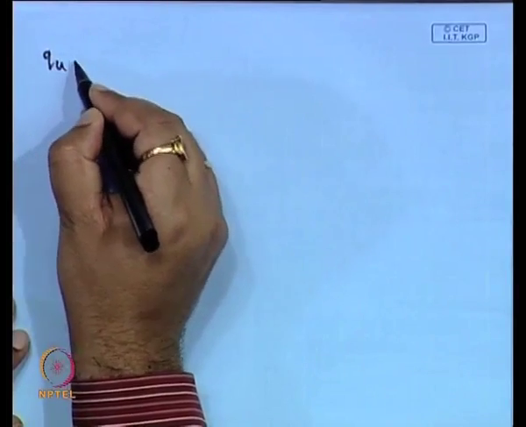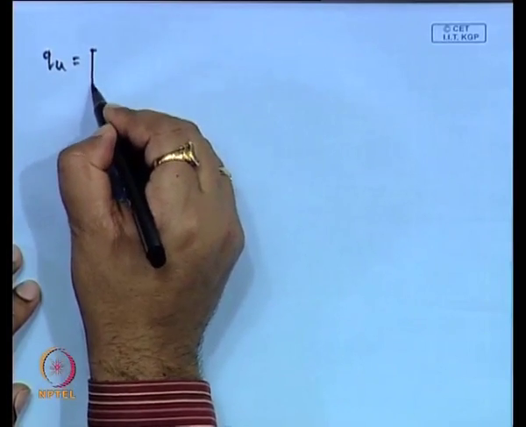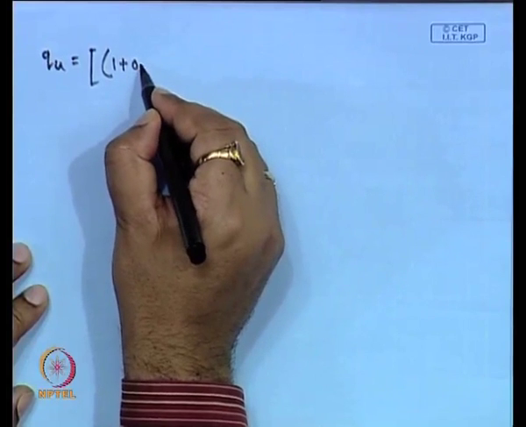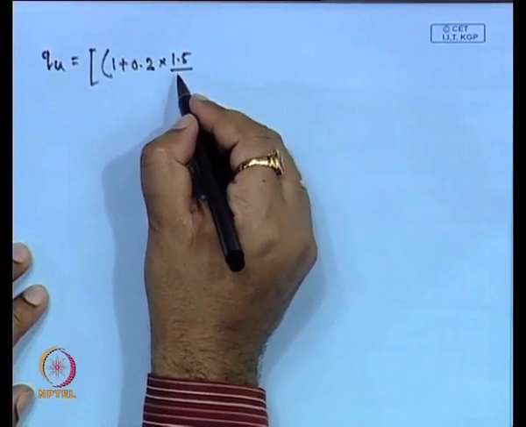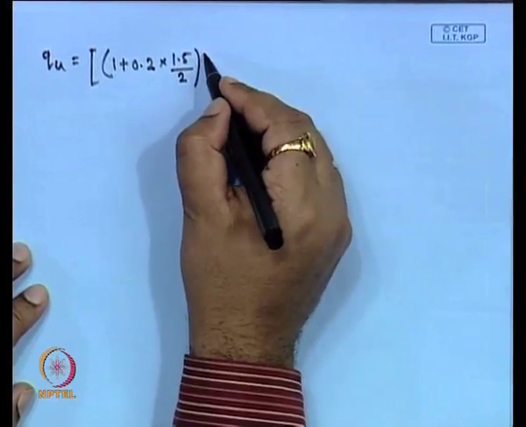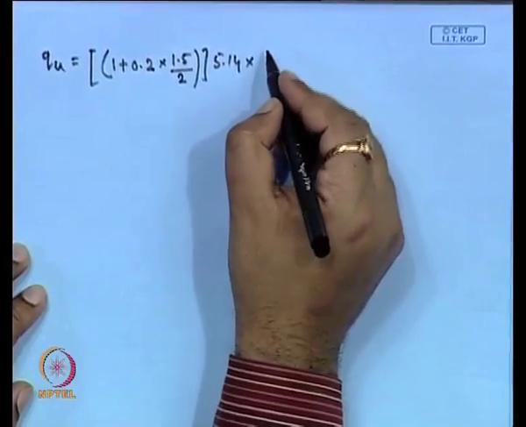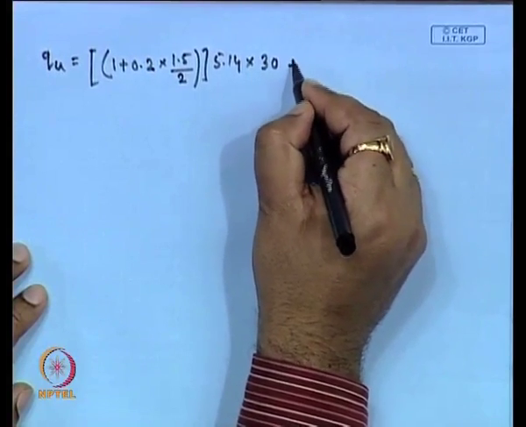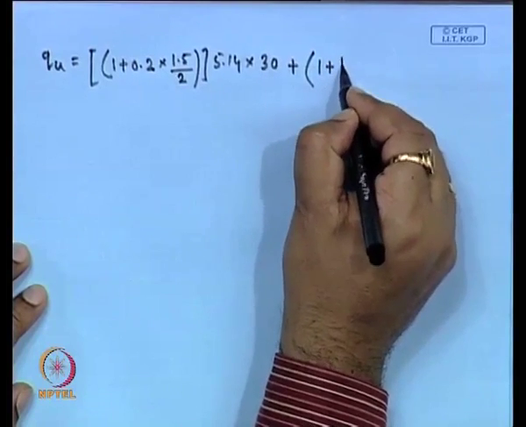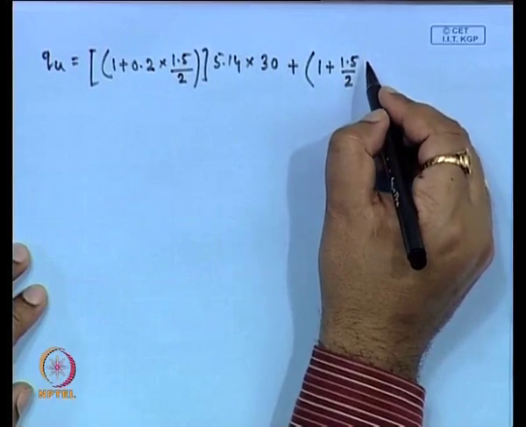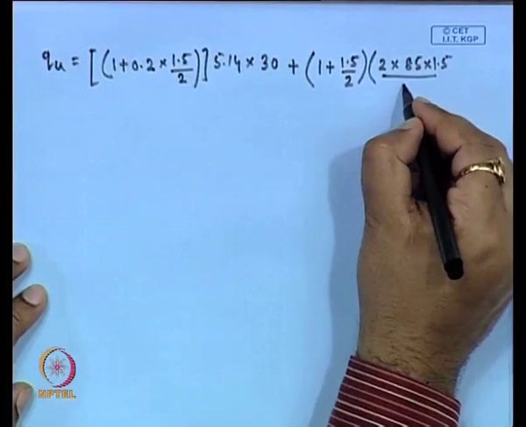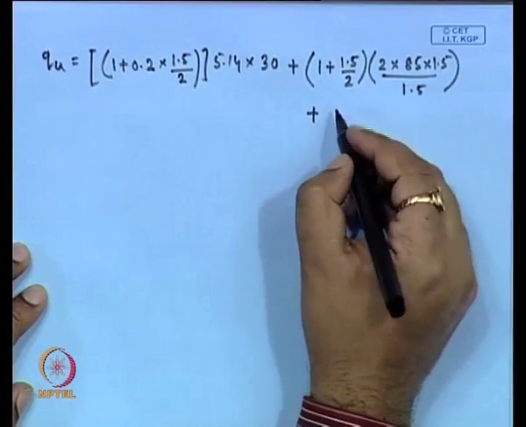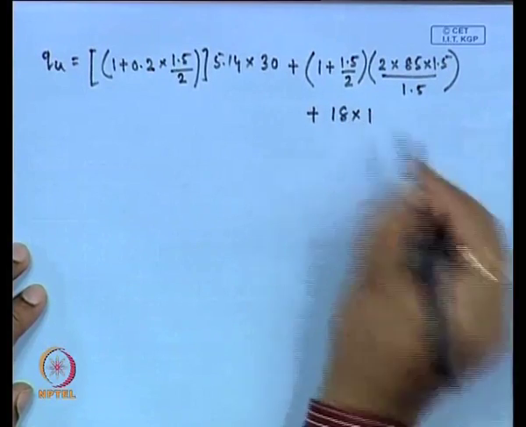Now, if we put this value in our calculation, Qu is equal to 1 plus 0.2 into 1.5 by 2, into 5.14 into Cu2, that is 30, plus 1 plus 1.5 divided by 2, then 2 into Ca is 85, H is 1.5 divided by B is 1.5, plus gamma 1 is 18 into Df is 1.